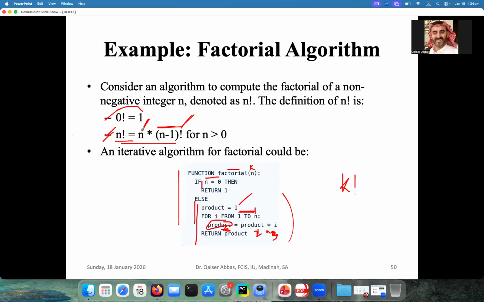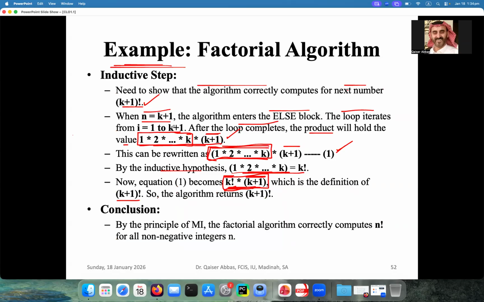So if n is 5, 5 multiplied by 4 factorial. And here, if k is equal to 4, then it will become 4 factorial multiplied by 5. So this mathematical representation, k factorial multiplied by k plus 1, is equal to k plus 1 factorial. I can write it like that or not?